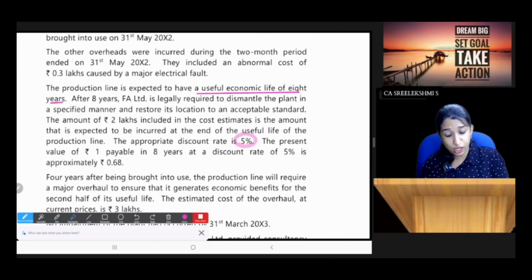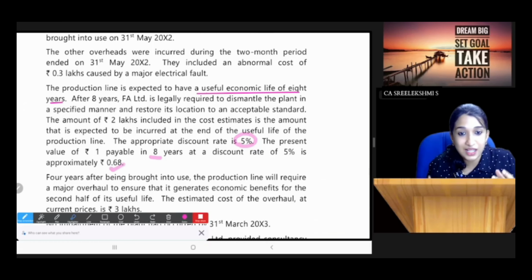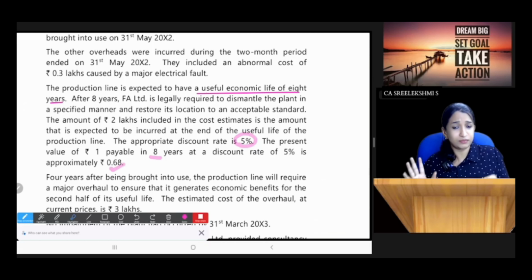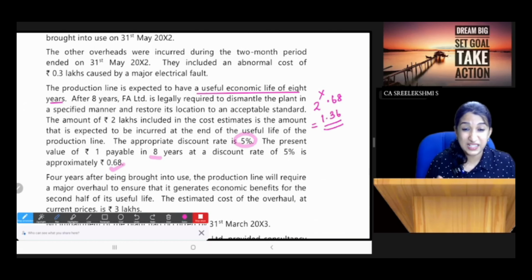And the present value of rupee 1 payable at 8 years at a discount of 5% is approximately 0.68. They are so kind, they have given you the discounting factor at the end of 8 years at 5%. So 2 into 0.68, 1.36 is the present value of this dismantling cost which can be capitalized.